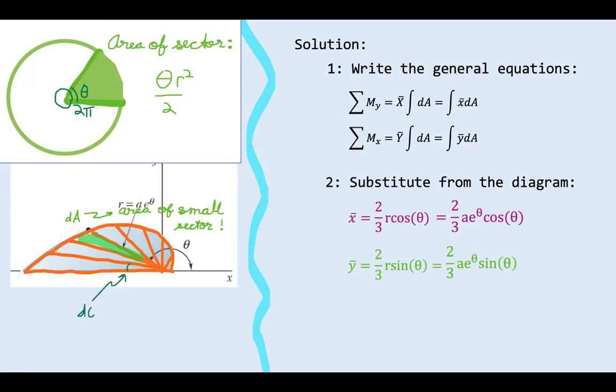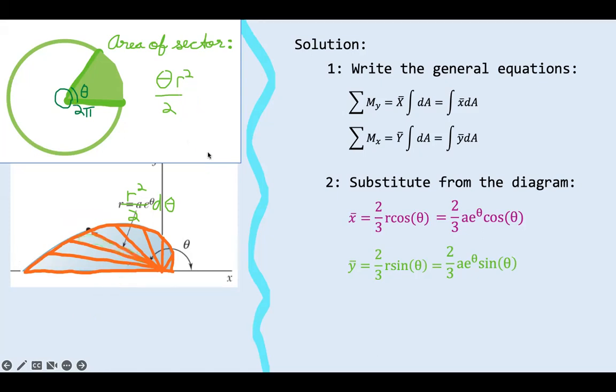So this angle over here of this very small sector is called d theta. If that is so, the area of a small sector, dA, will be equal to r squared over 2 times d theta, going off of this equation over here, where we have substituted in d theta, a very small angle, in place of theta.